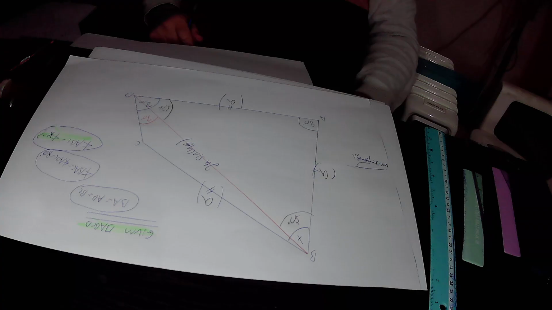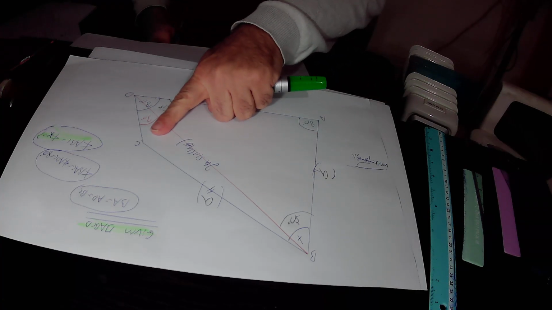In the next step, we define this angle, angle BCD, as beta.